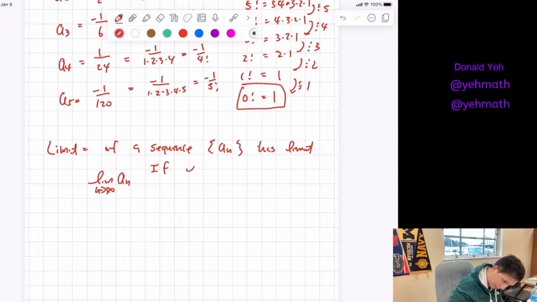If the limit exists, then the sequence is convergent. If not, the limit is divergent.